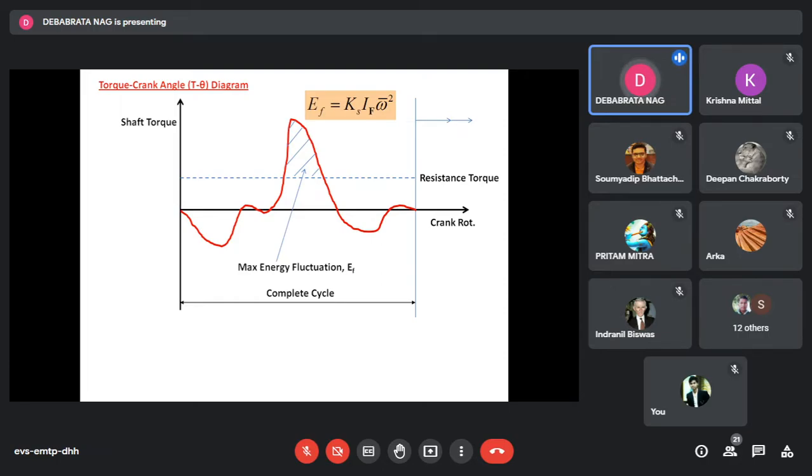So I can allow a higher value of coefficient of speed fluctuation. But if the system driven by this prime mover is precision-driven equipment, in that case your Ks value will be less.